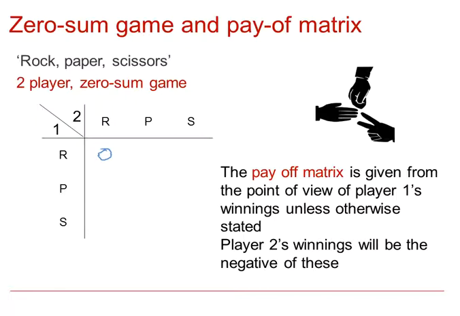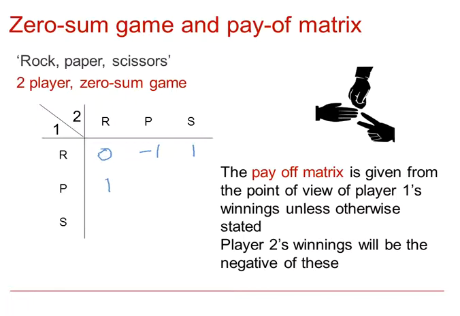However, paper wraps rock, so if the first player was rock and the second paper, they would lose. However, rock blunts scissors, so if the first player played rock and the second scissors, they would win. If the second player plays rock when the first player plays paper, because paper wraps rock, player 1 would win.